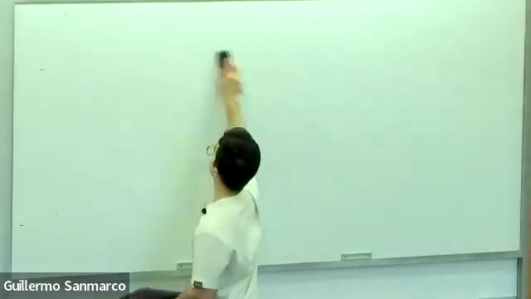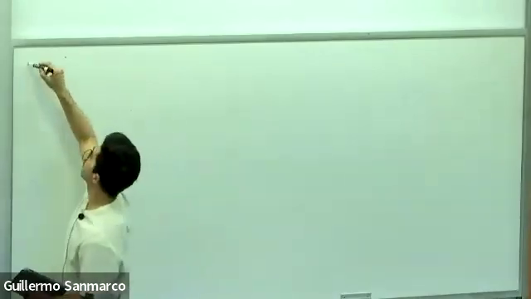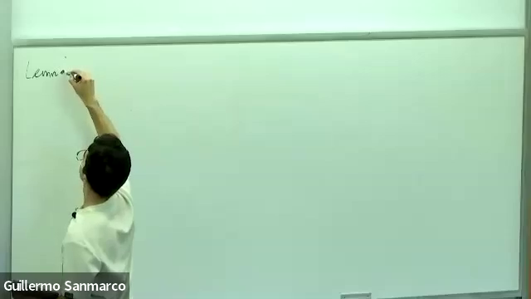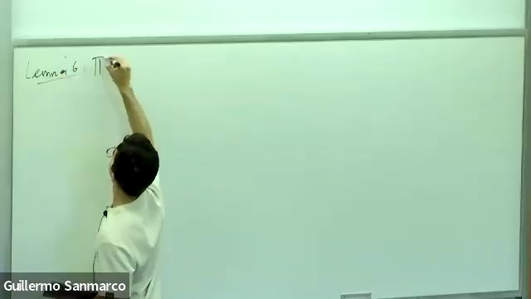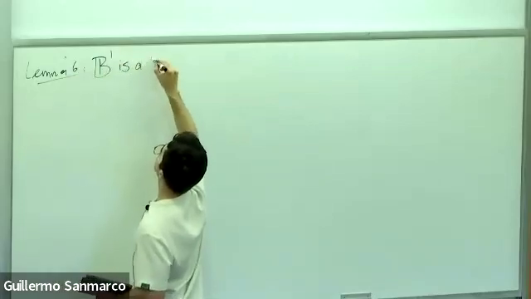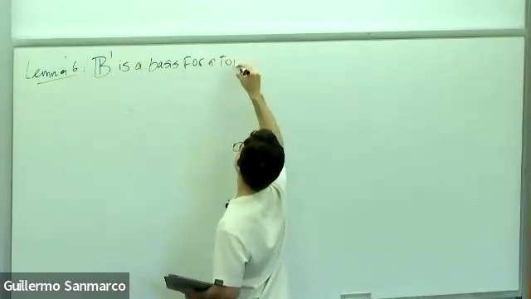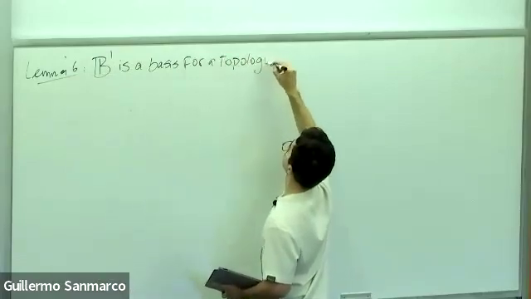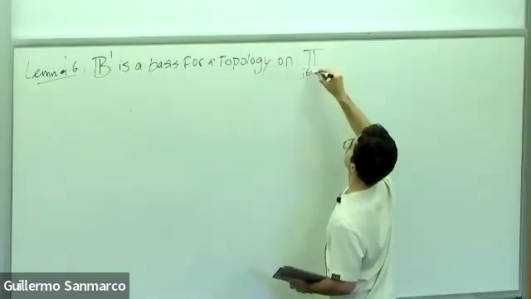And of course, I'm going to use proposition 3.4. I didn't really prove it, but you could. So lemma 6: this B prime is a basis for a topology on this arbitrary product.